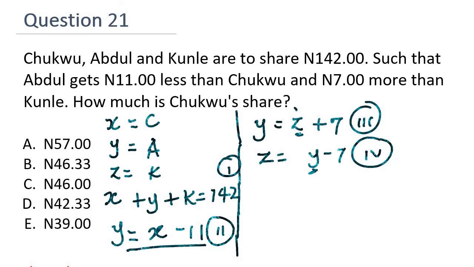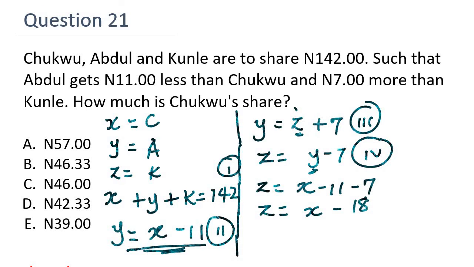Where you have Y, replace it with X minus 11. It will give me X minus 11 minus 7. Now I know what Z is. So Z will be equal to X minus 18. Take note of that.